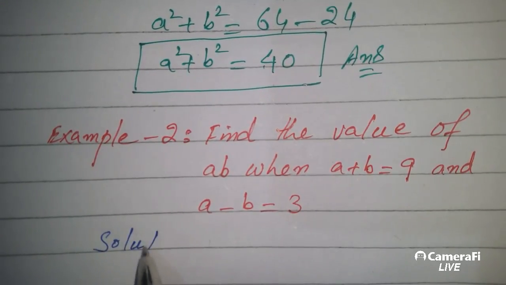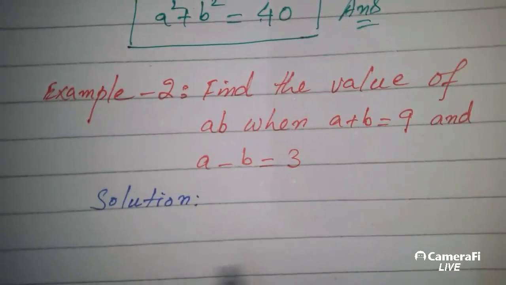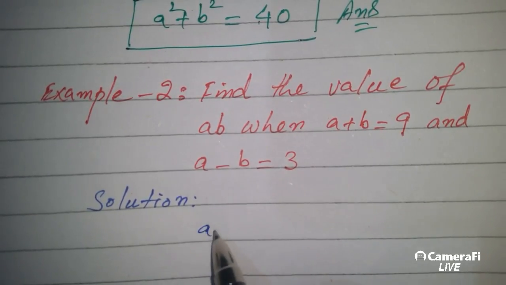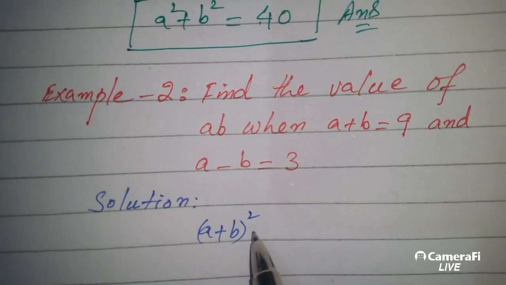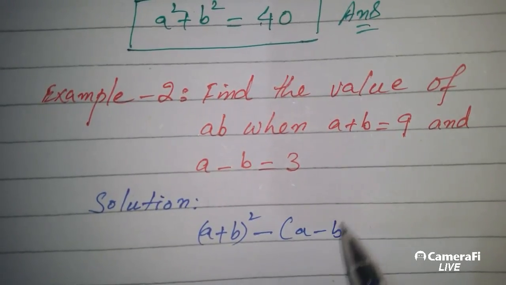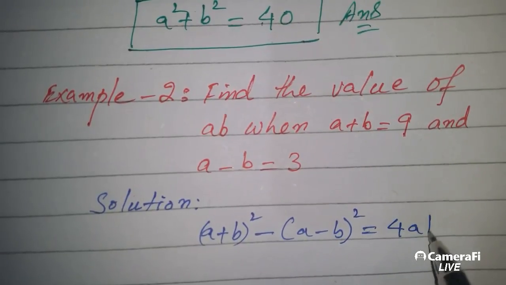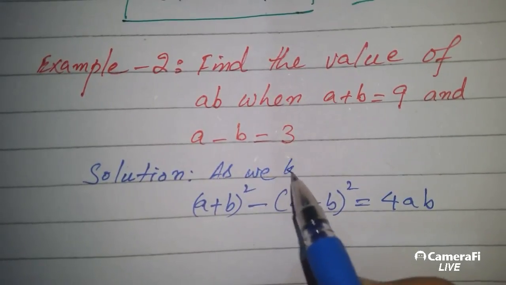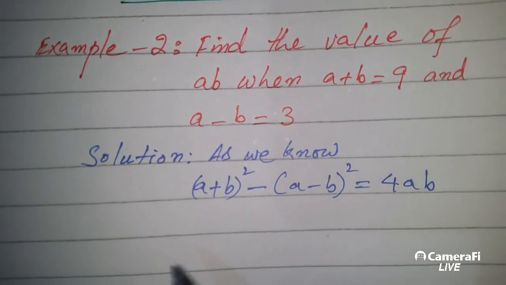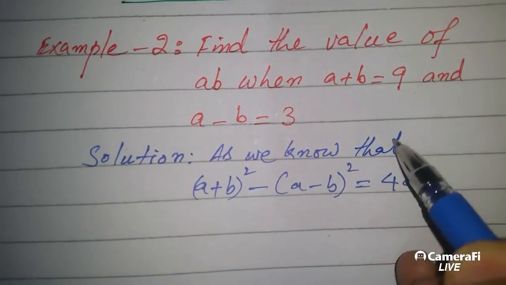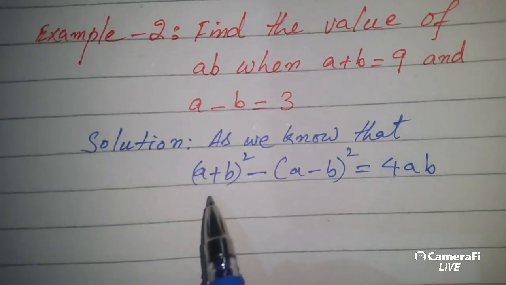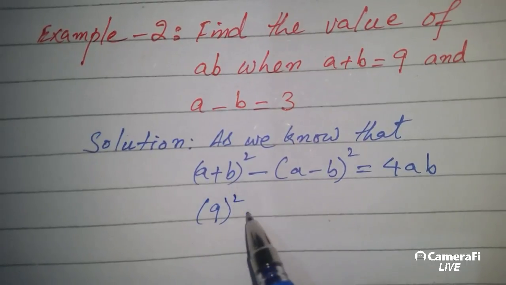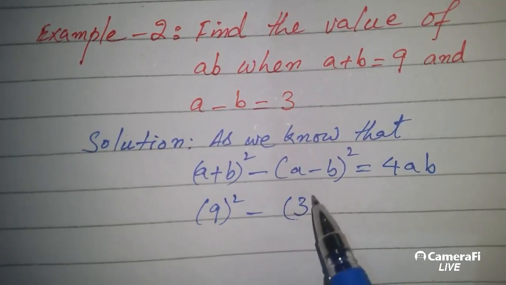Solution. We will apply the formula (a plus b) whole square minus (a minus b) whole square equals 4 times ab, as we know that this thing equals this thing. So just apply the values. A plus b equals 9, a minus b equals 3.